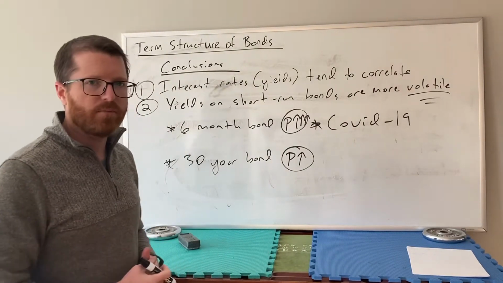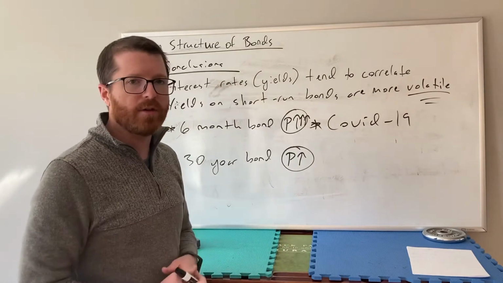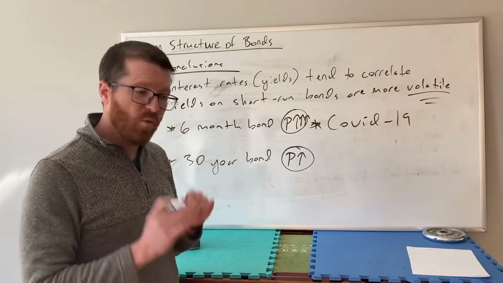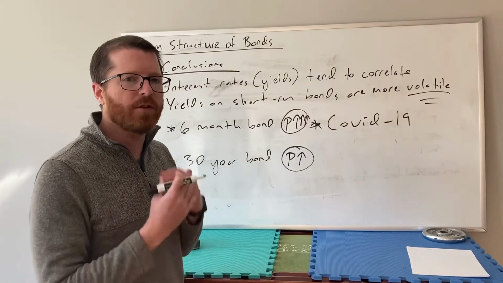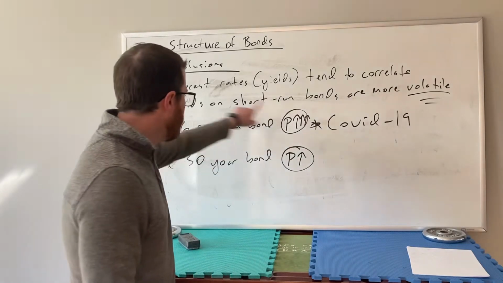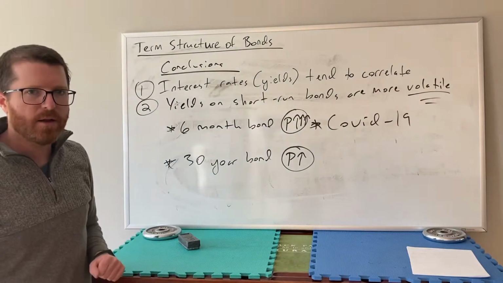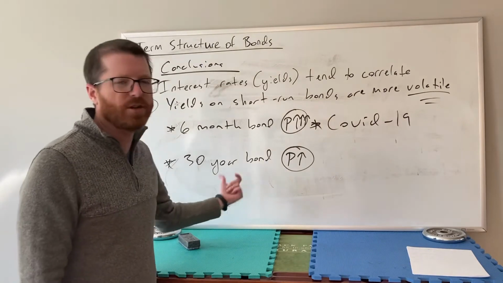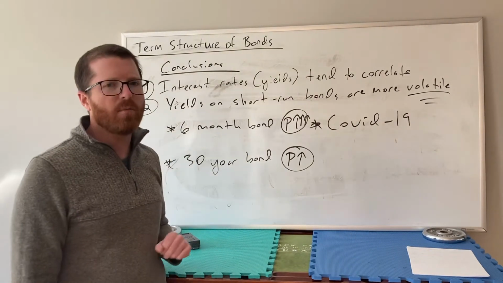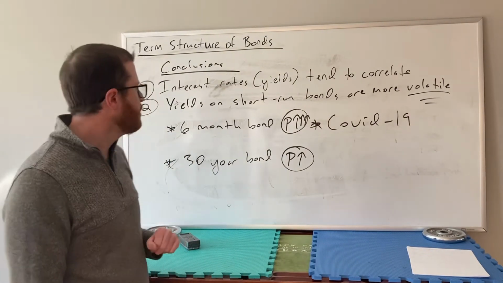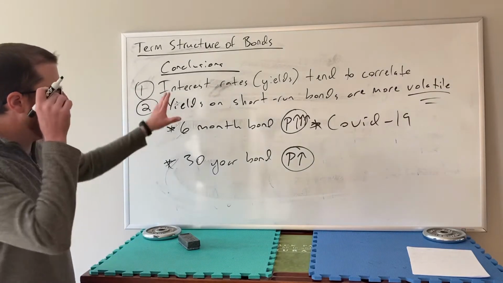In other words, COVID causes prices to go up while it exists. When COVID is impacting the economy, it causes prices to go up. That will be for the entirety of the 6-month bond. But because it will only affect a portion of this 30-year bond, it'll only have a small impact on the price.